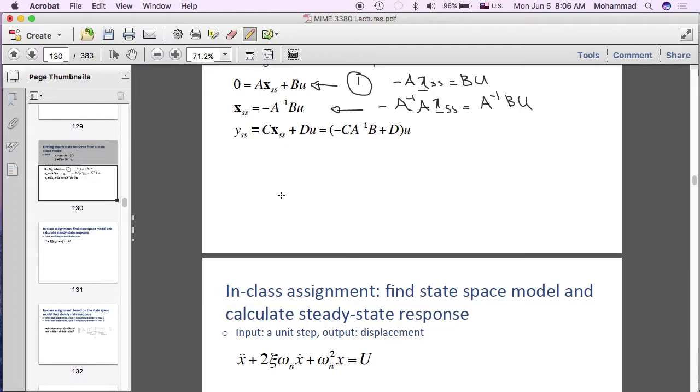I'm giving you the differential equation, and I'm asking you to convert that to a state space model. And once you have the state space model, go ahead and find the steady state output to a unit step input. So if the input is u equals 1 at time 0, what would be the output of the system in steady state?